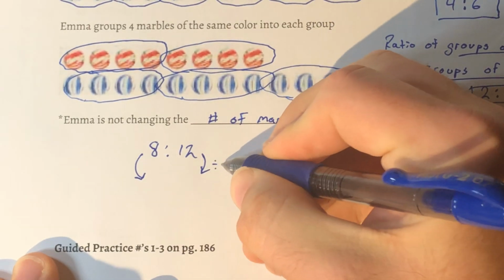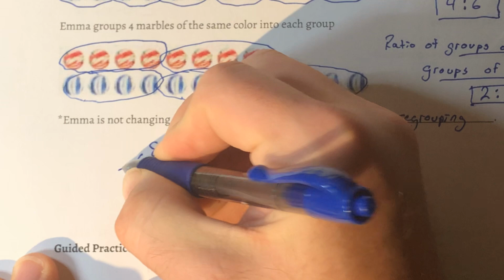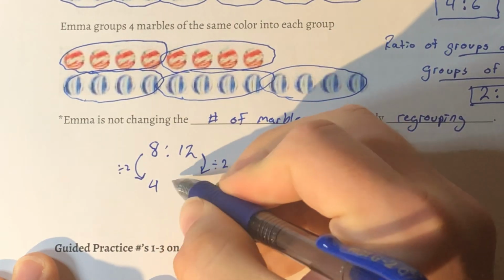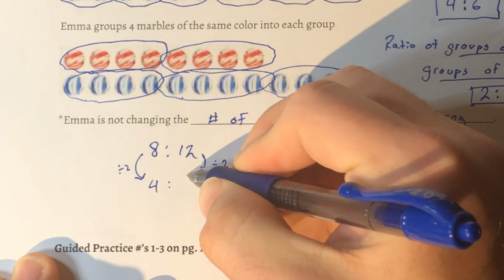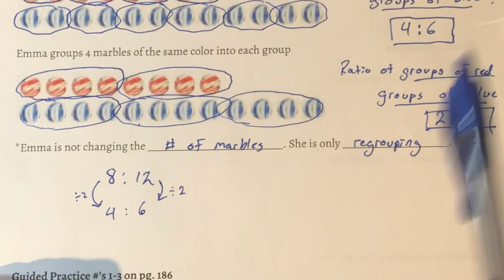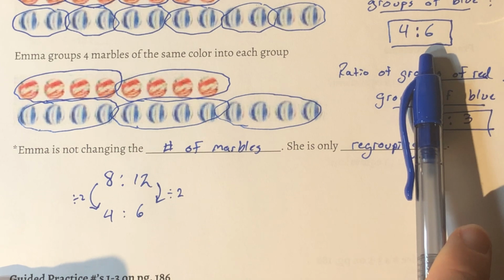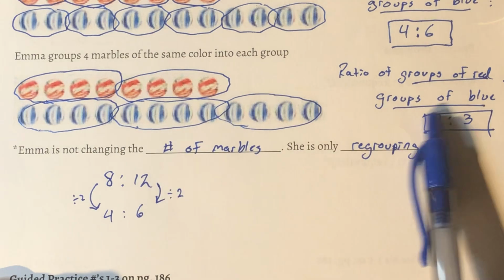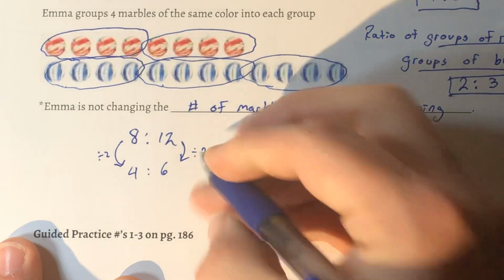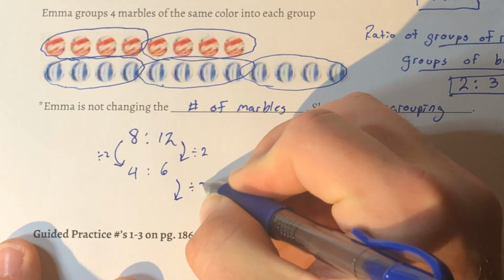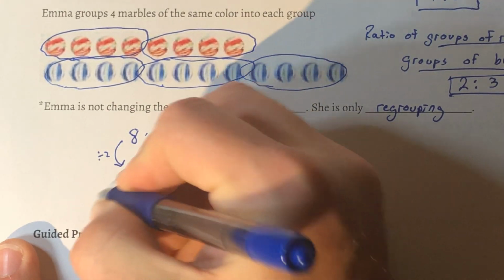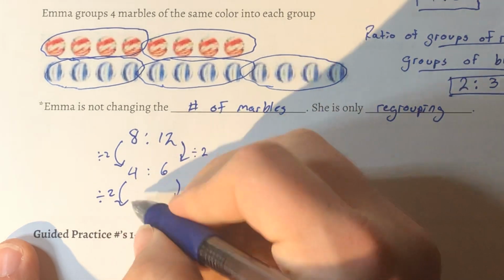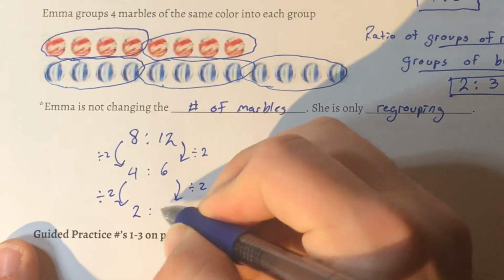So we're going to divide both 8 and 12 by 2. 8 divided by 2 is 4. 12 divided by 2 is 6. You'll notice that's what we got here when she regrouped them. Then we notice we could regroup them again, right? So what goes into 4 and 6 again? Well, 2. So let's divide 6 by 2, divide 4 by 2. 4 divided by 2 is 2. 6 divided by 2 is 3.